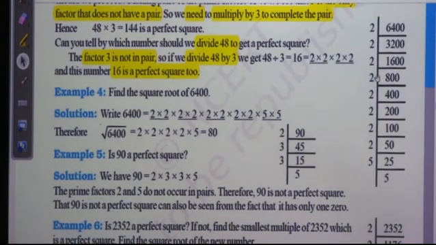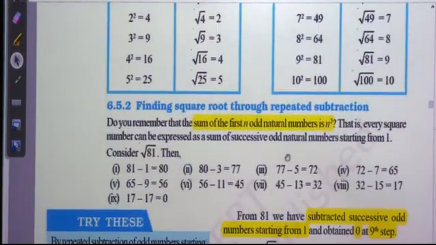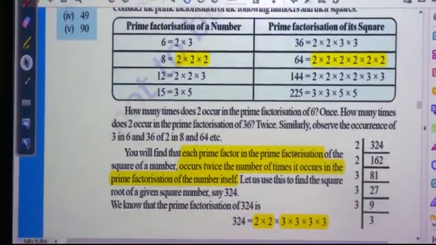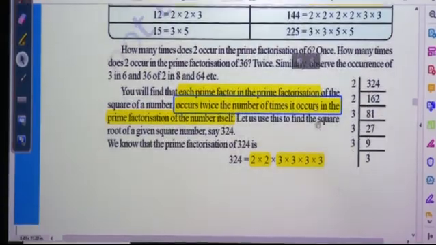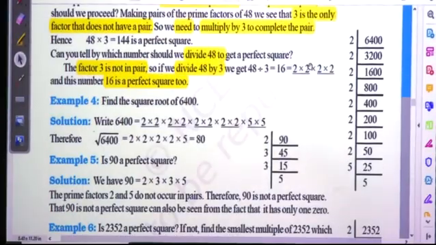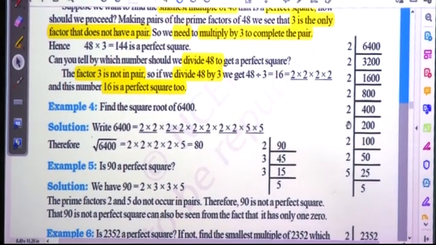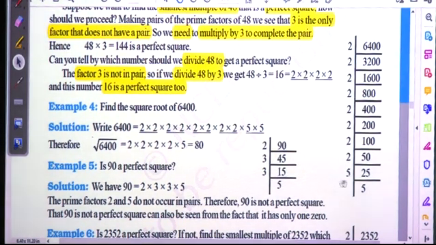Now we will count how many times 2 is present and how many times 5 is present. Let us count it. Here, 2 is present 1, 2, 3, 4, 5, 6, 7, 8 times and 5 is present 2 times.